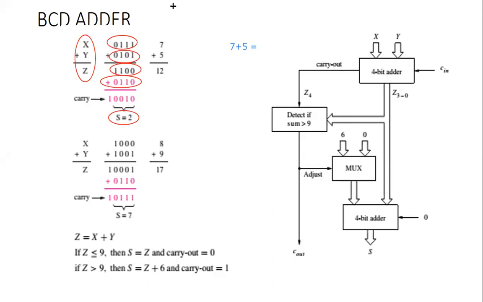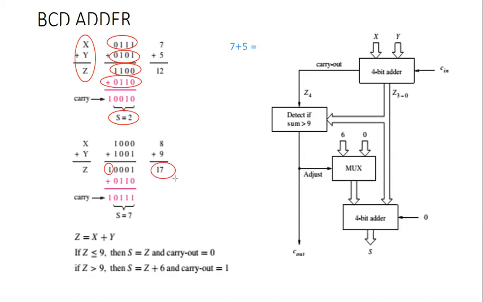Now, what happens if you take a greater number? Say X plus Y, X is 8 and Y is 9. 8 plus 9, when I add, I'll get 1, 0, 0, 0, 1 plus 1 is 0, and I have a carry over here. So definitely the number is greater.